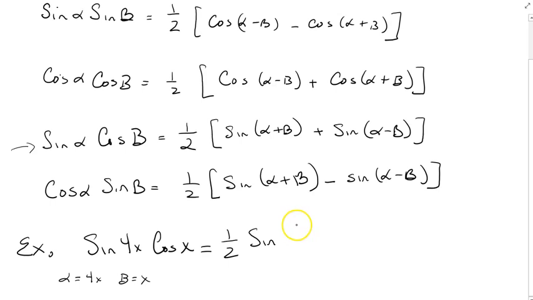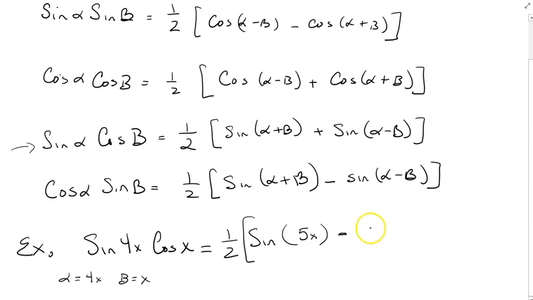Now be careful. I want alpha minus beta. That's 4x minus x. 4x plus x.